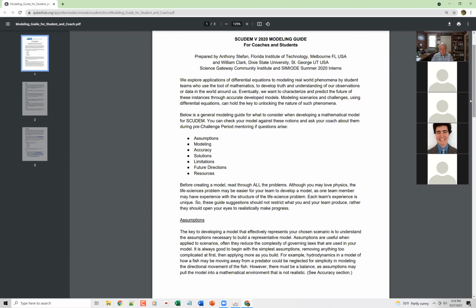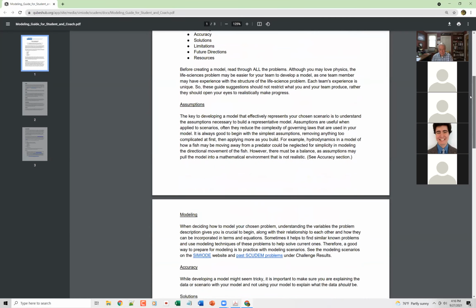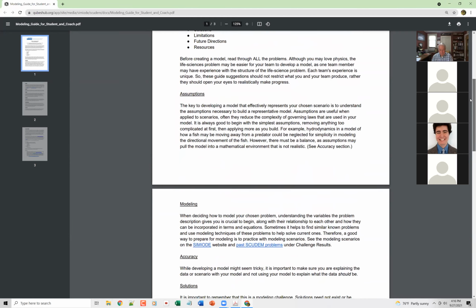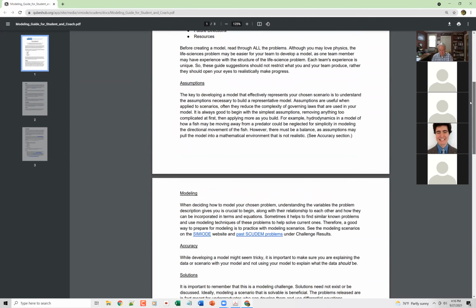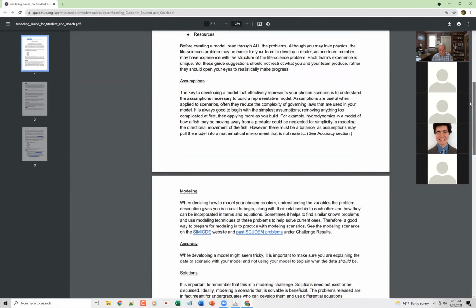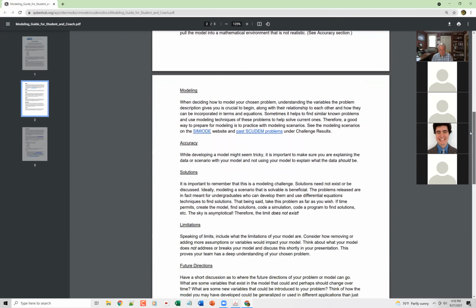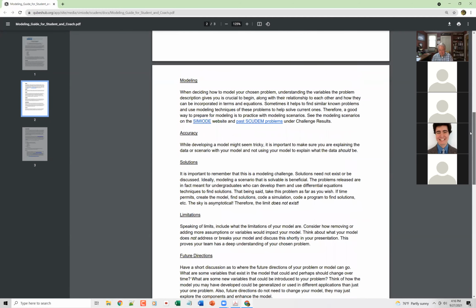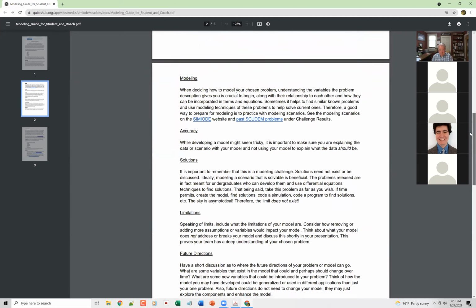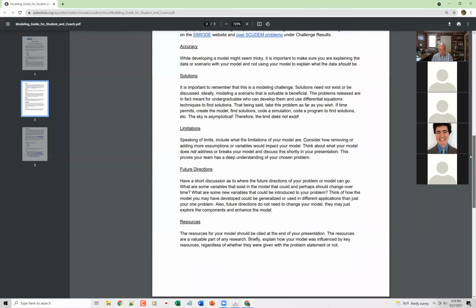We wrote this saying, first, get your assumptions down for your model, and then look at how we actually want to try to model it. Talk about the accuracy of your model, the limitations of your model, and the future directions, and then obviously provide your resources or works cited page. So this document provides to a student what you should be submitting.